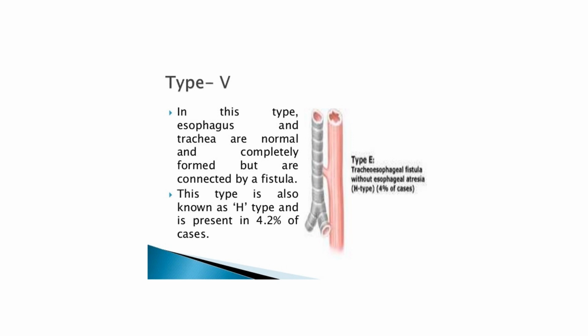Type V is also called the H type of Tracheo-esophageal fistula, where the esophagus is abnormally connected with the trachea, though it is formed properly.